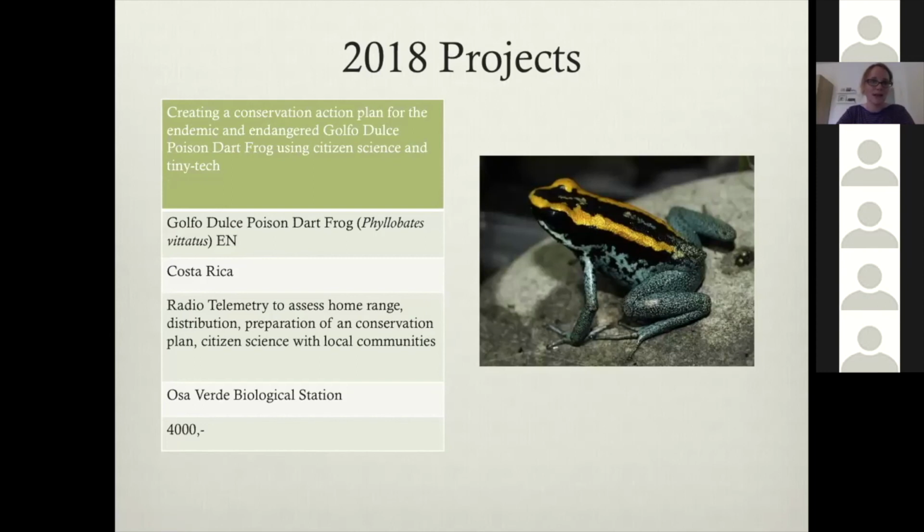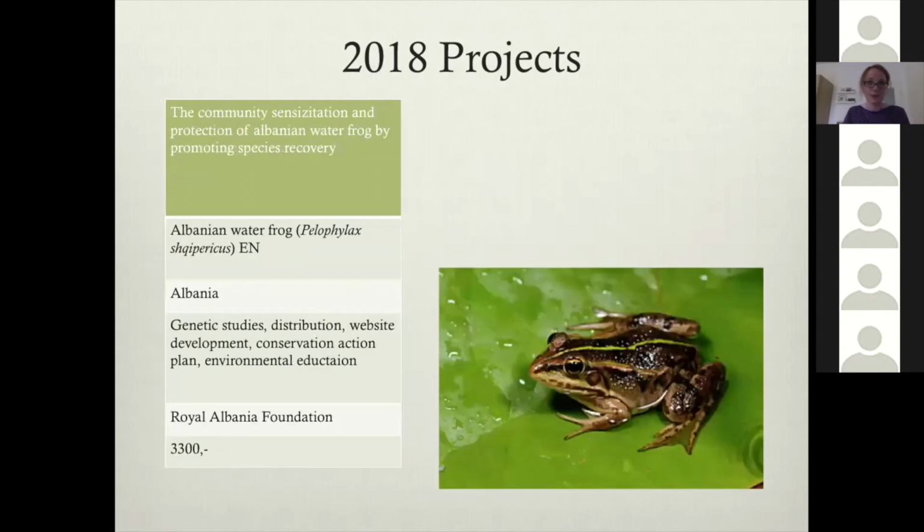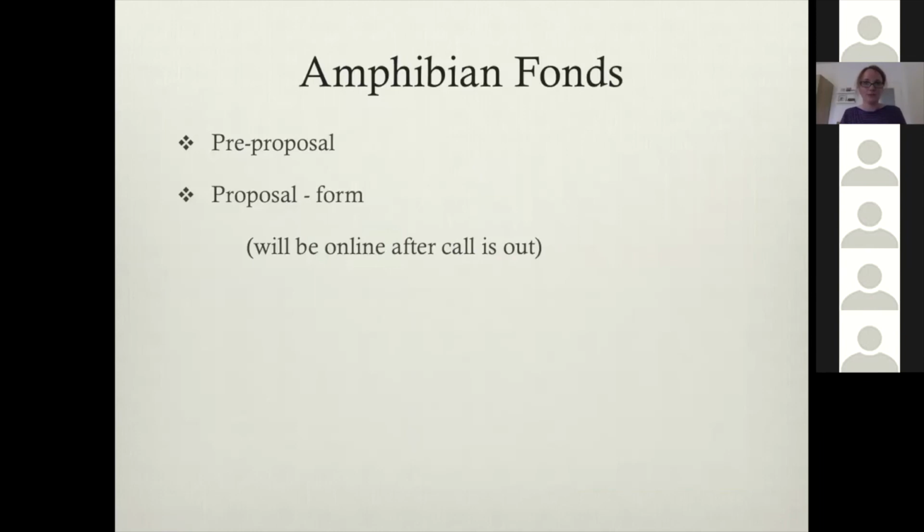That was radio telemetry to assess the home range distribution, then preparing a conservation action plan, and citizen science with local communities. Oh, there's another one. Community sensitization and protection of the Albanian water frog by promoting species recovery. That was genetic studies, distribution, website development for the organization, conservation action plan, environmental education. So again, a wide range of activities.